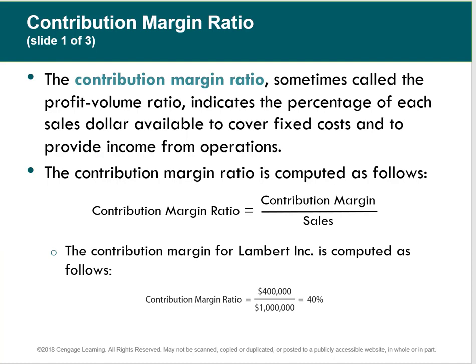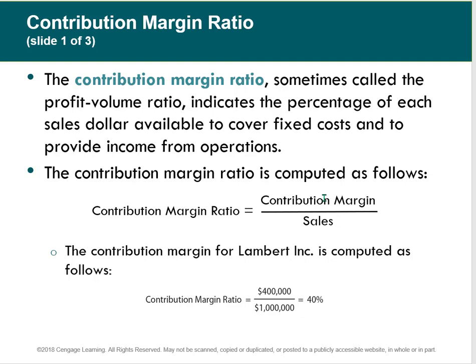Now the contribution margin ratio is a really handy formula. It's also called the profit volume ratio, and it indicates the percentage of each dollar available to cover fixed costs. So here's Lambert: I've got the 400,000 in contribution margin divided by $1 million in sales.